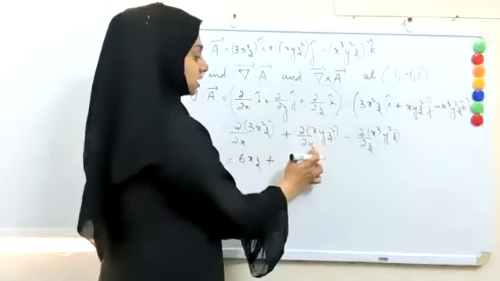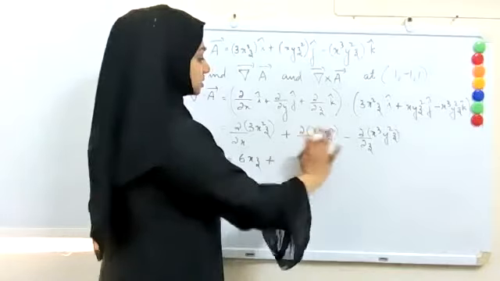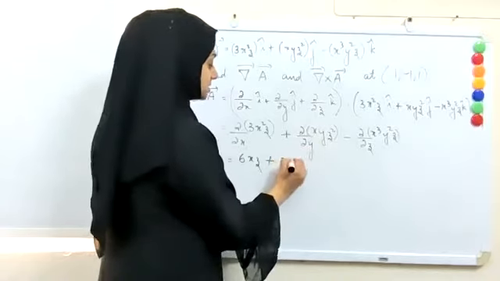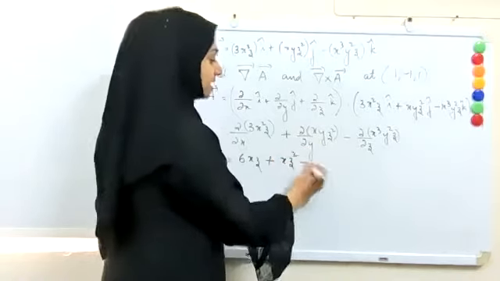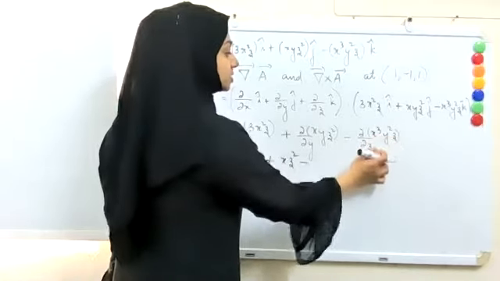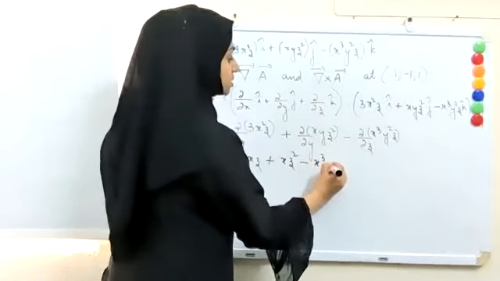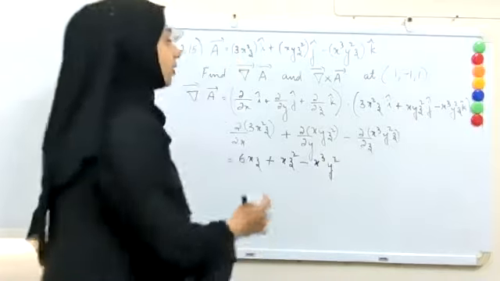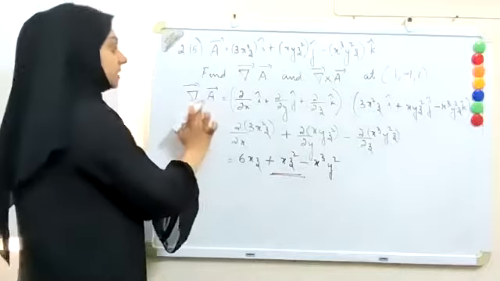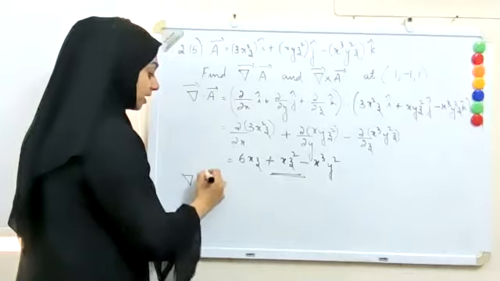Now here, I can consider only y, x and z as constant, and ∂y/∂y will be 1, so x z square, minus, here z, other two can be considered constant, and ∂z/∂z will be 1. So this is x cube y square.